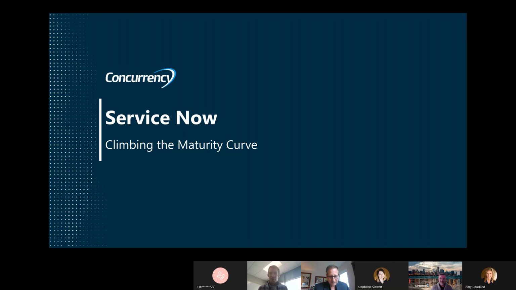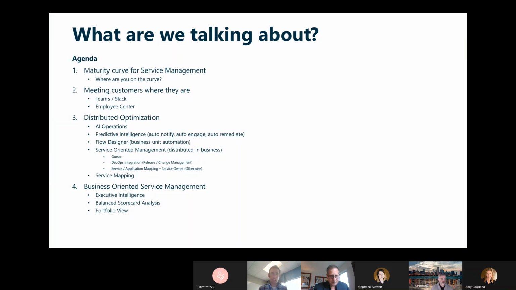So let's get started. Let's talk about ServiceNow and the overall maturity curve. Today we're going to talk about four big capabilities within the context of ServiceNow and the picture of it within the context of service management. We're going to start by talking through the service management maturity curve, and we're going to ask you to think about where you are on that same curve. We're also going to talk about meeting customers where they are, different capabilities to be able to interact with customers where they need you the most.